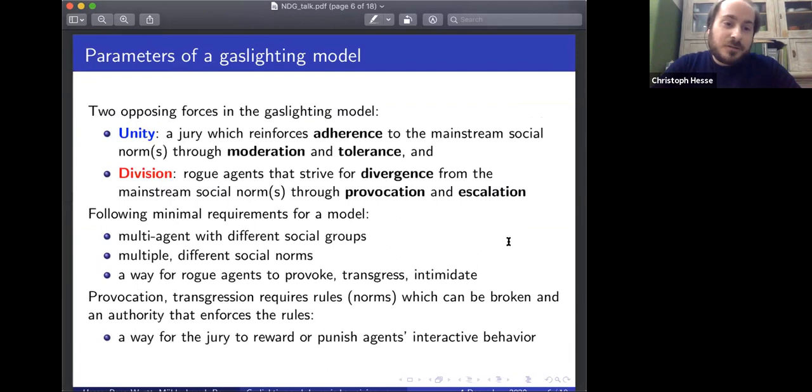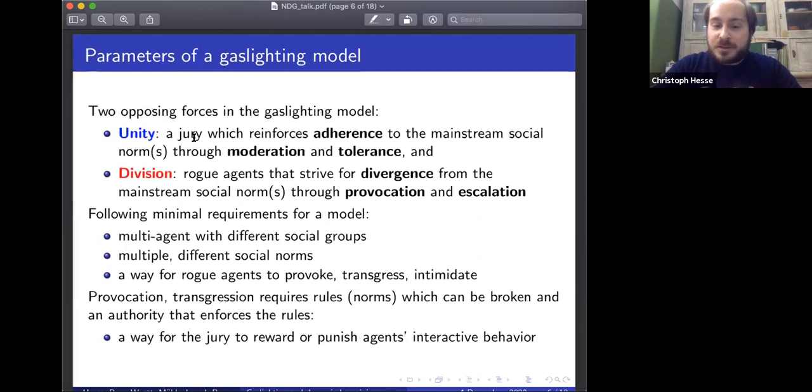The other big issue that is important for the Nash demand games that I'm presenting is how do we model social norms? And we want to think about this in terms of a dichotomy.